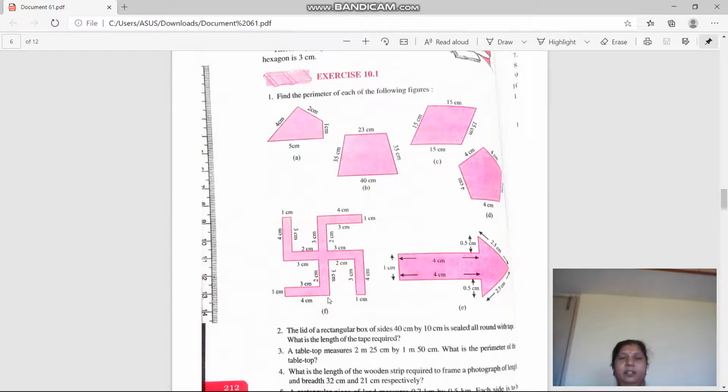We can take the definition of perimeter, which is equal to the sum of all sides. It is made up of line segments, so it is very easy for us. Just start from any one point. You can start from here, otherwise you can start from here. Put a dot here and just add all the sides carefully and in series.